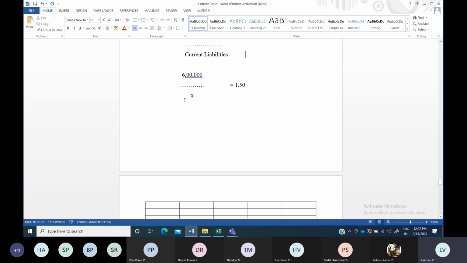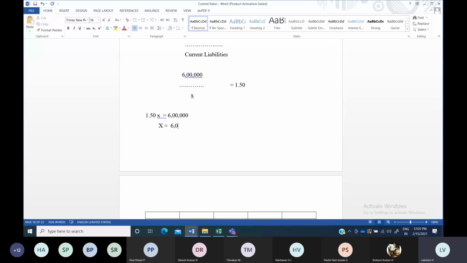Now just do it the same way you usually do in maths. What will you do? Cross multiply: 1.50 into X. If you do that, 1.50 X will become equal to 6 lakh rupees, the current assets. So how will you find X? X is equal to 6 lakh. The multiplication, when it goes to this side, will become division, so I am using a slash here.